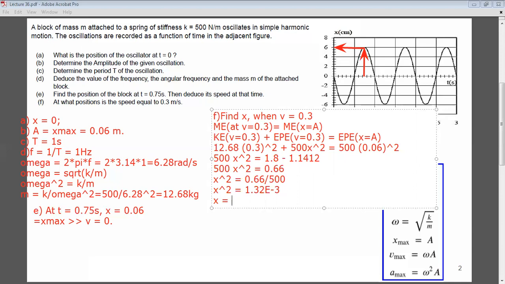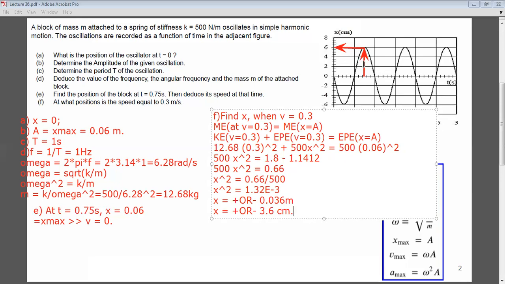It means x is equal to plus or minus the square root of that number, which is 0.036 meter, or we can put it in centimeter. X is equal to plus or minus 3.6 centimeters.